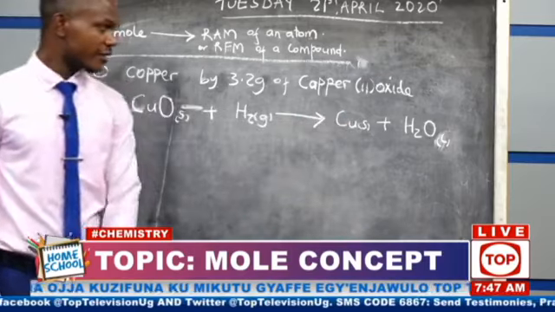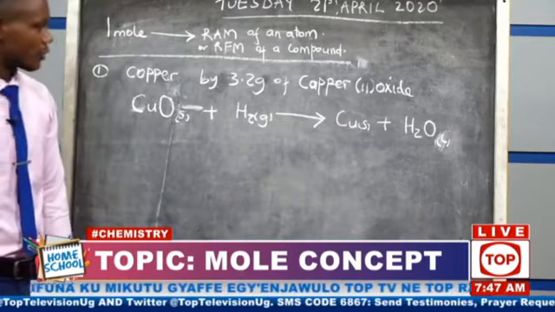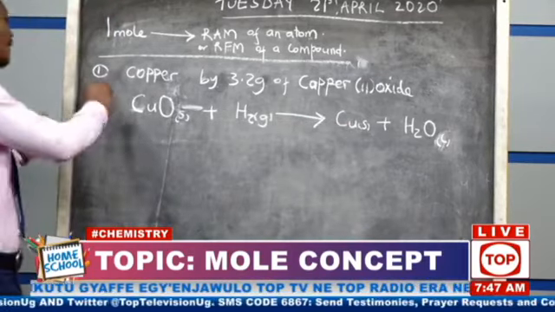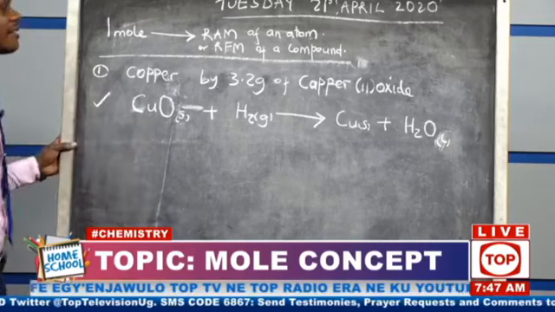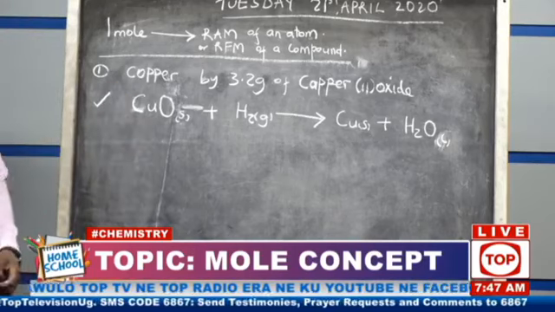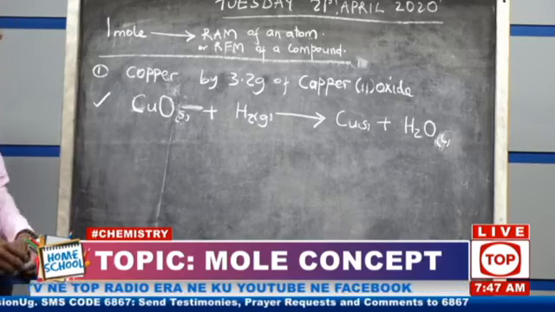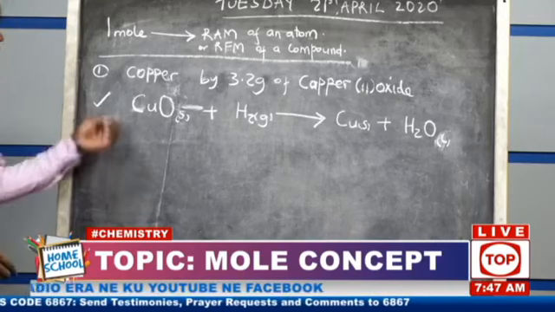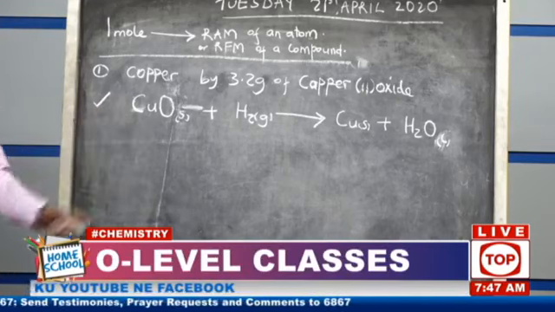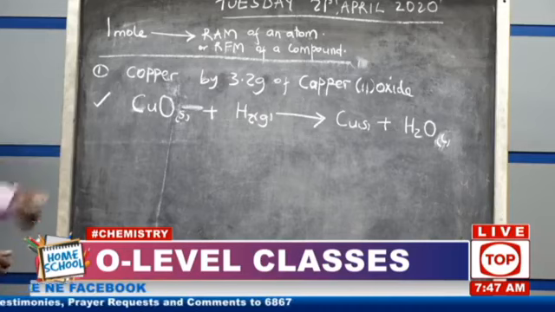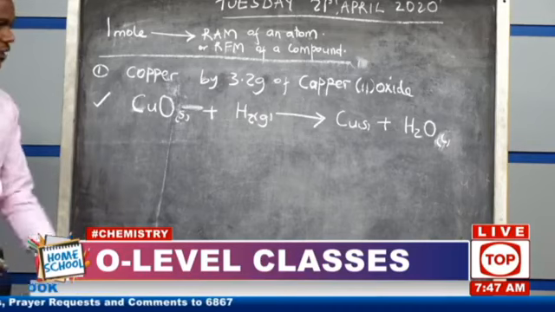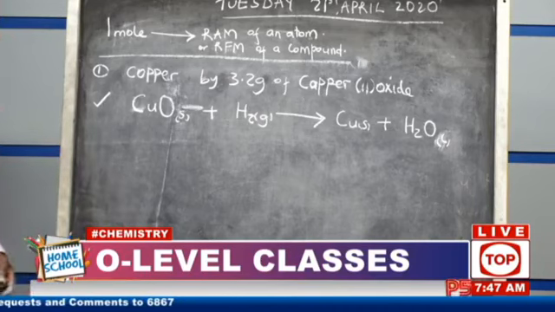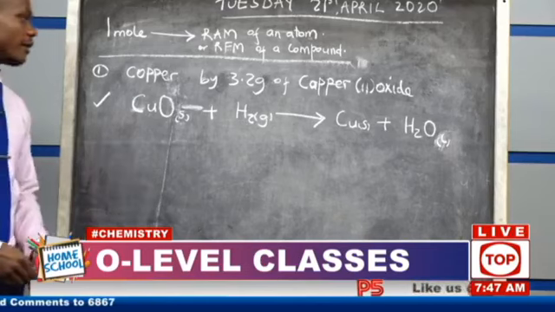On the product side, we have 2 atoms of hydrogen. So in terms of balancing, this one now qualifies to be the stoichiometric equation. Remember, a stoichiometric equation is an equation that is well balanced, having products and reactants very well balanced. All right? So this one is our equation.